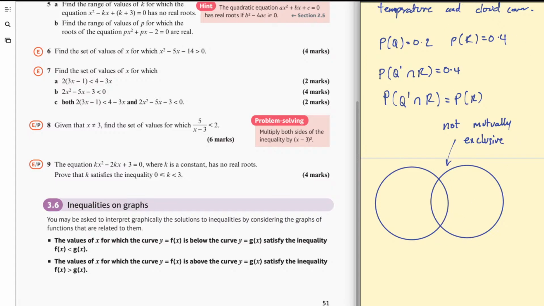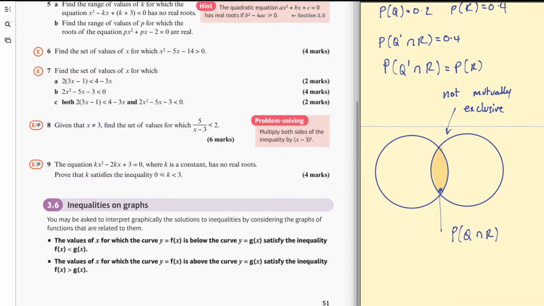In here, this is where we have P of Q and R.